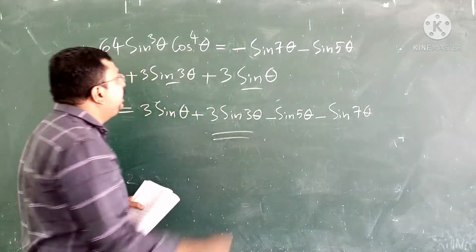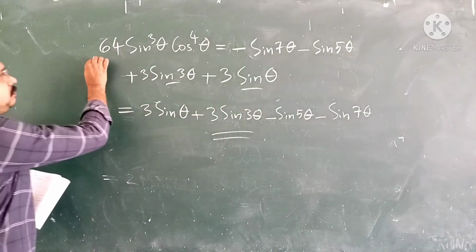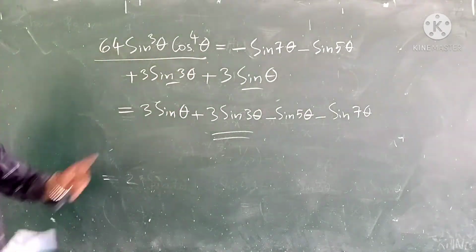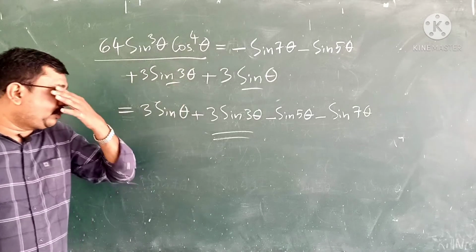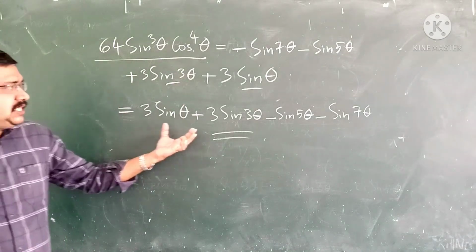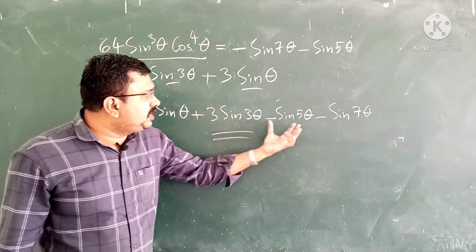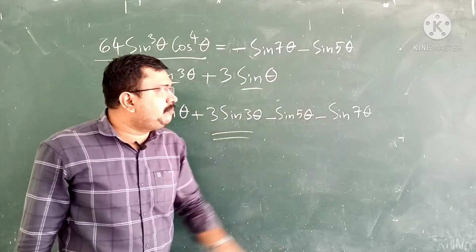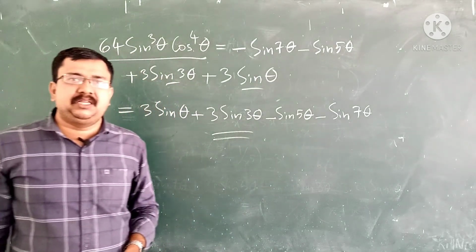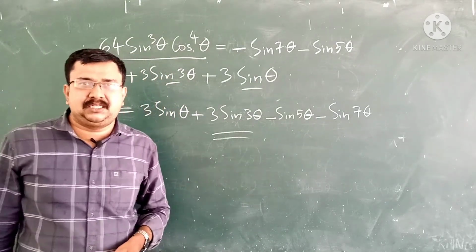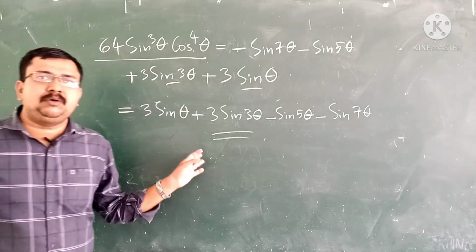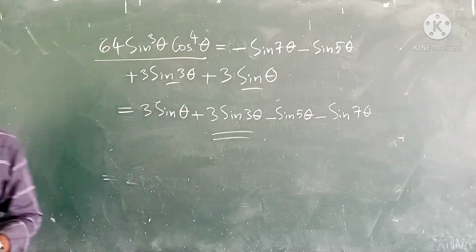This is our final answer. Okay, that is 64 sin cube theta cos raised to 4 theta is equal to 3 sin theta plus 3 sin 3 theta minus sin 5 theta minus sin 7 theta. This is our final answer. Okay, please write down in your notebook.